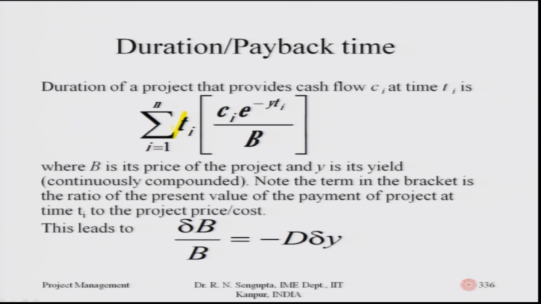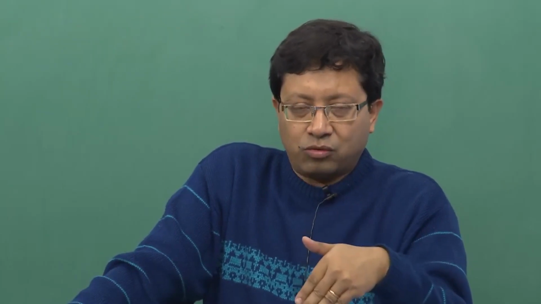So, when I sum up C1 into e to the power minus y T1 plus C2 into e to the power minus y T2, and so on, this is the total value of the inputs or outputs, and I am trying to find the net present value of that amount.